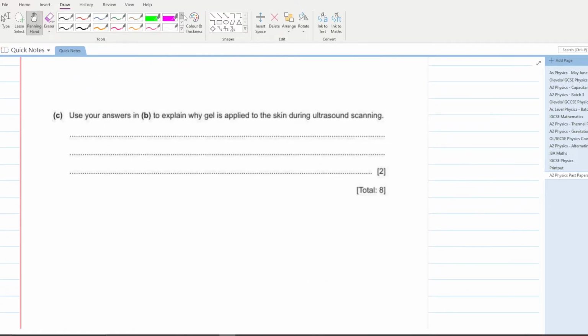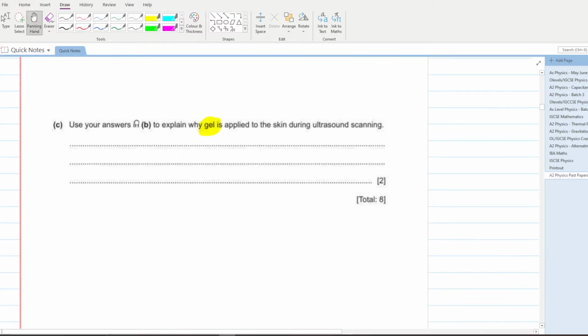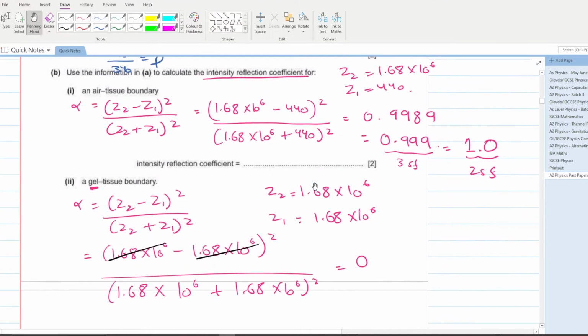Use your answer in B to explain why gel is applied to the skin during ultrasound scanning. Why is gel applied to the skin during ultrasound scanning? Very, very easy answer.